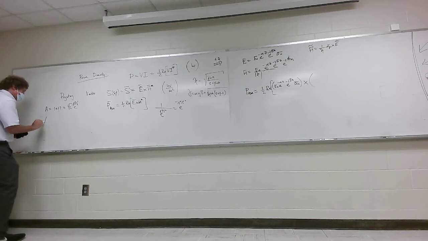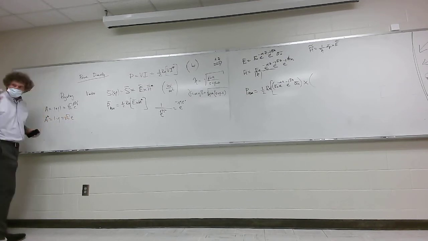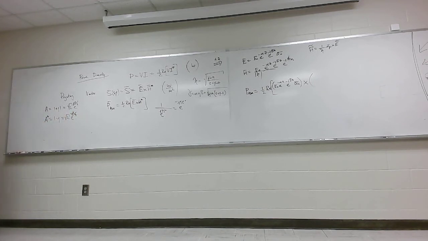Well, if I take A conjugate, what happens? Anyone? 1 minus j, right? Or it's square root of 2 e to the minus j pi over 4, right?